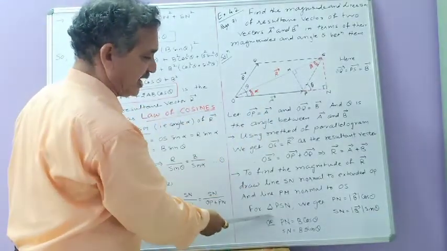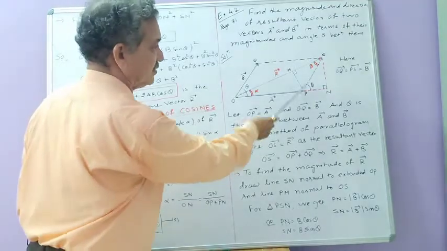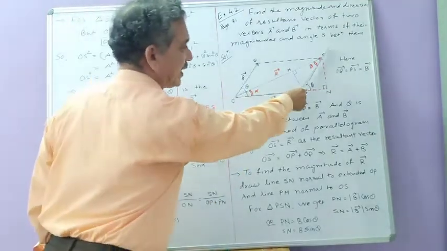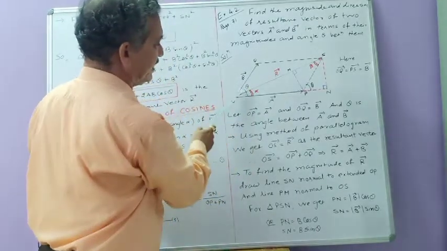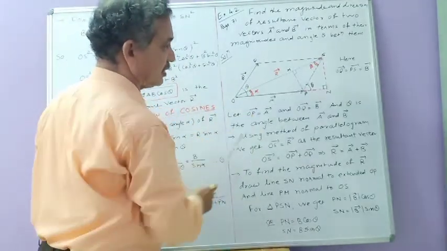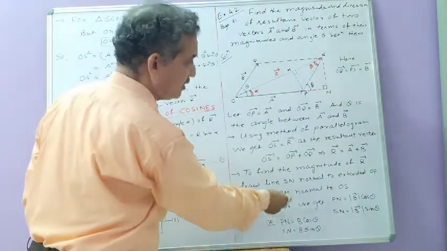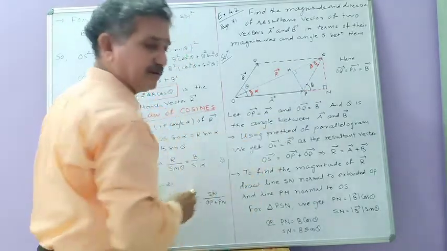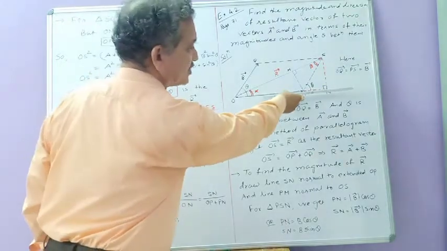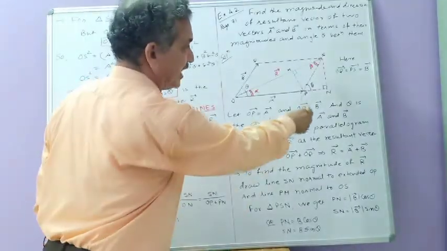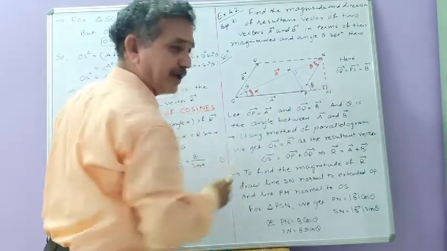For triangle PSN, because these two lines are parallel, as this is the angle theta, this angle should also be equal to theta. So for triangle PSN, PN is the adjacent side of the right angle triangle, and SN is the opposite side to angle theta.